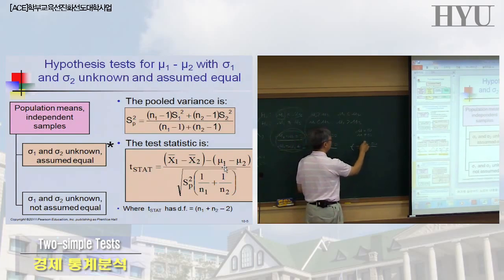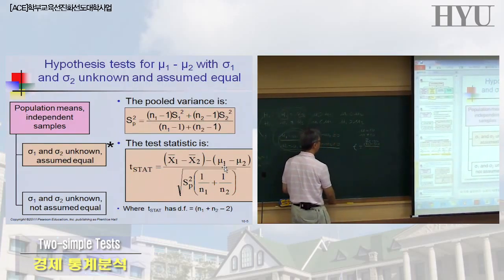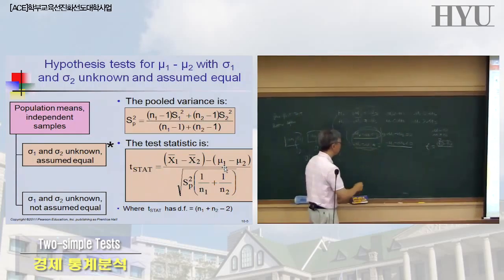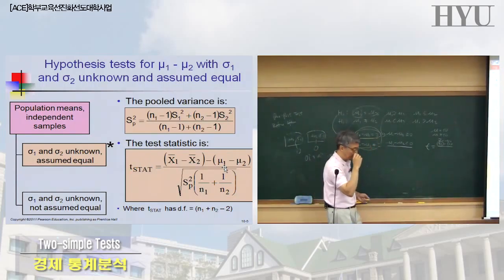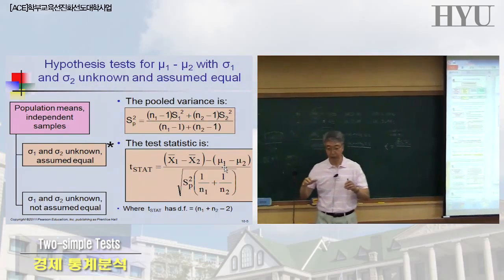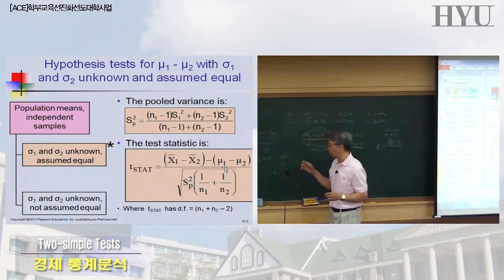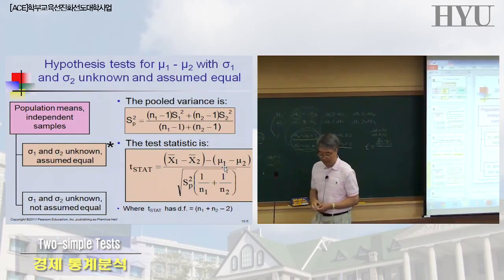So that was the sample mean minus mu, some hypothesized number, right? So the same idea. It doesn't have to be 0 all the time, although typically, because we are comparing whether two means are equal or not, in most cases we'll be using 0 for this number, right?